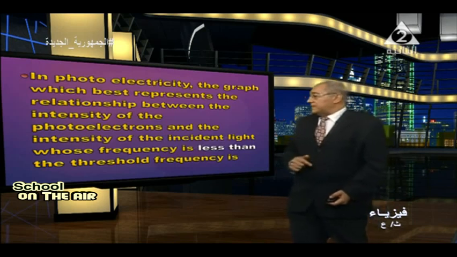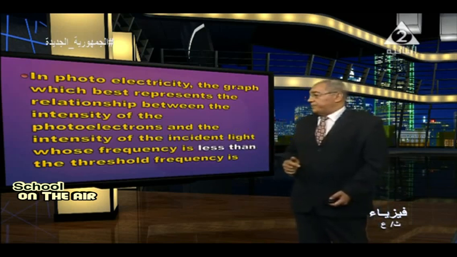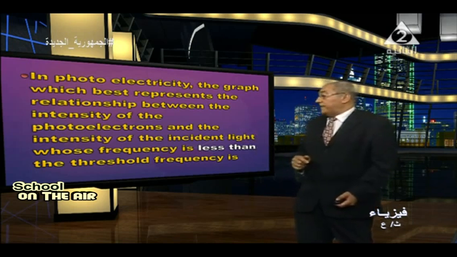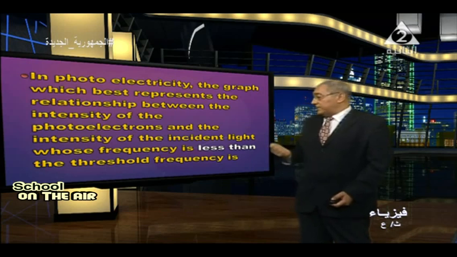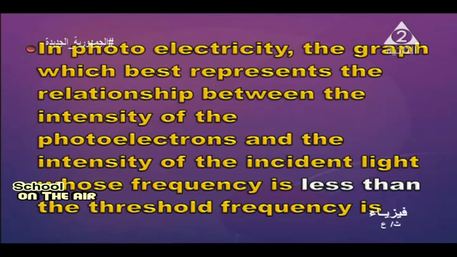In photoelectricity, the graph which best represents the relationship between the intensity of photoelectrons ejected and the intensity of the incident light, when the frequency is less than the threshold frequency.